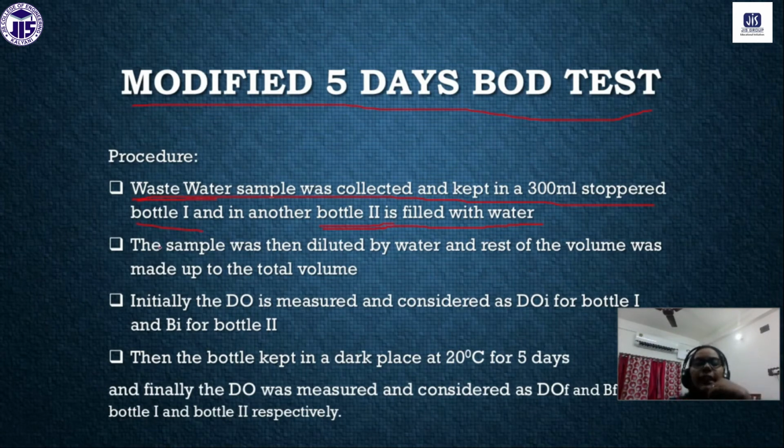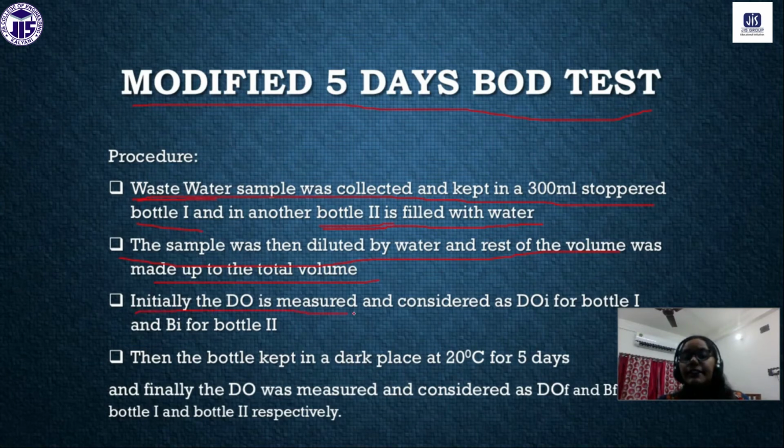Okay, next step, as usual, whatever wastewater sample we have taken in bottle 1, that sample has to be diluted by adding some water. Understand? So there are two bottles. One bottle is for the wastewater and water, and another bottle, bottle 2, is only filled with the water. Okay.